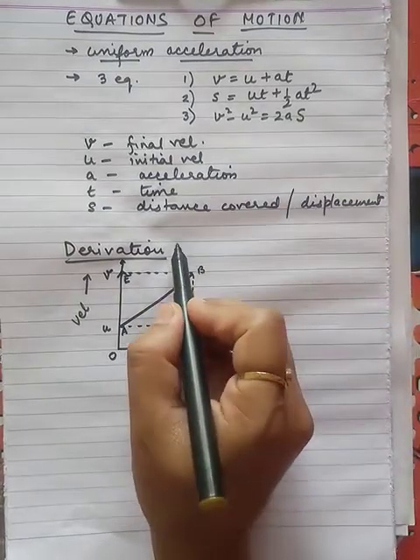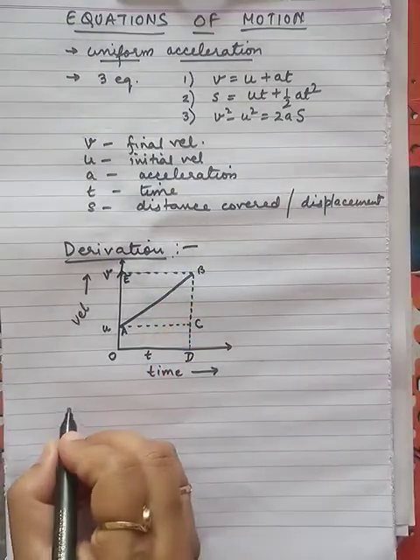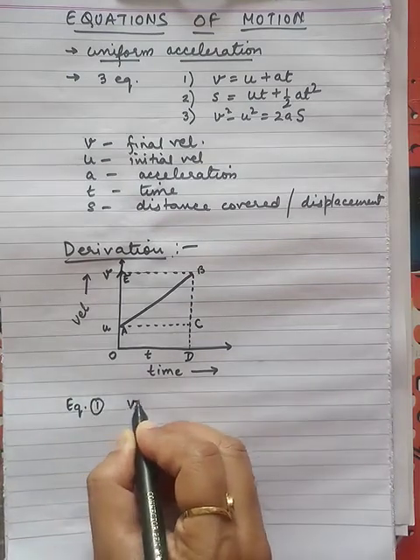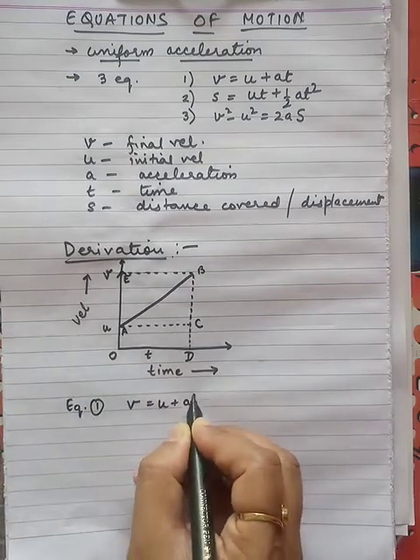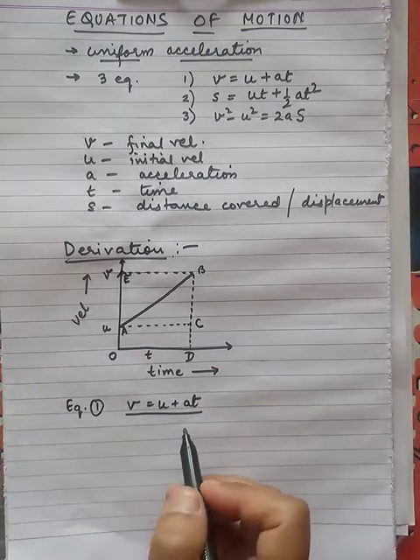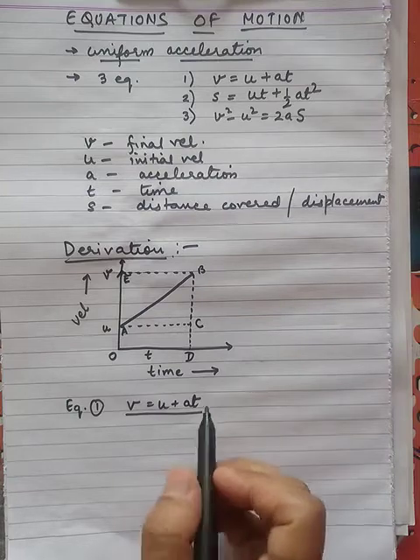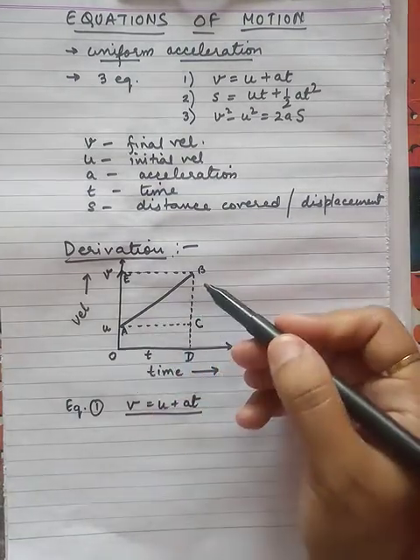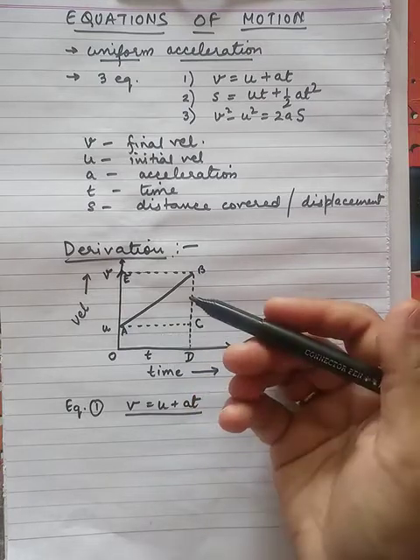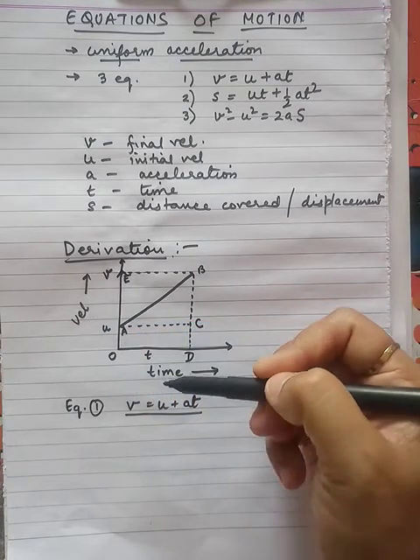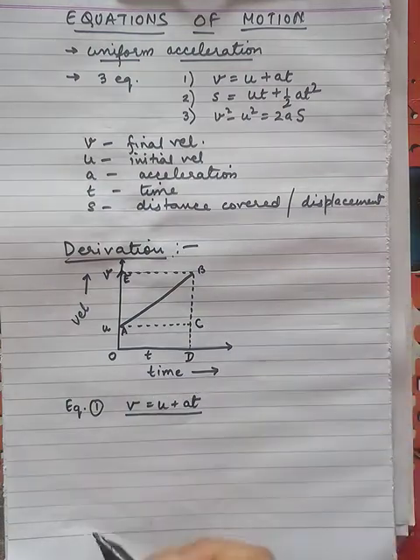So for derivation of equation number 1, which is V is equal to U plus AT, what will we consider? We will consider acceleration. How will we find acceleration? We will find acceleration using slope, because in a velocity-time graph, acceleration is given by the slope.